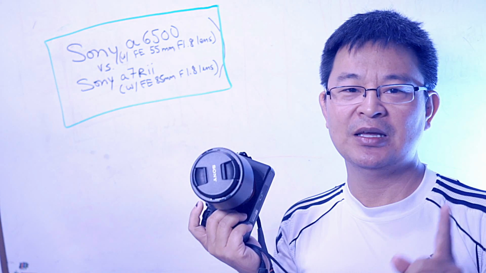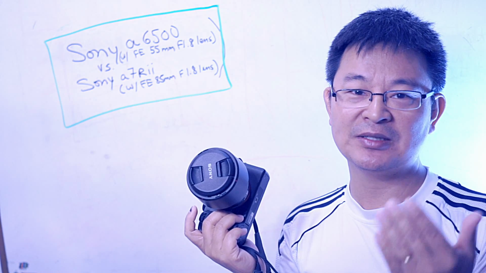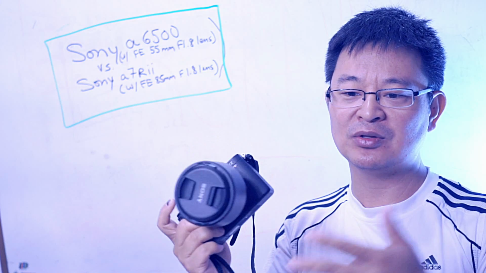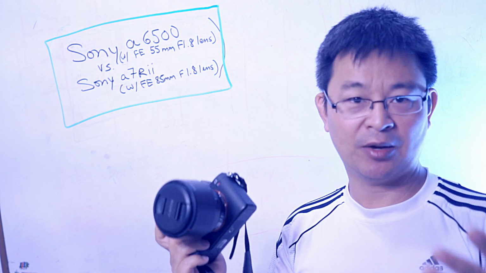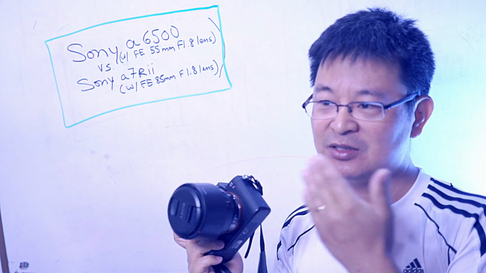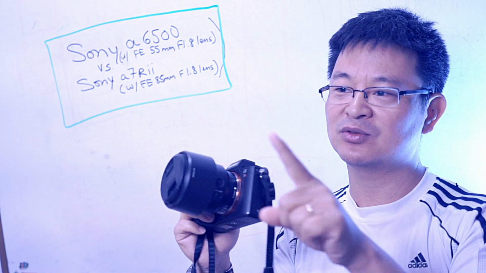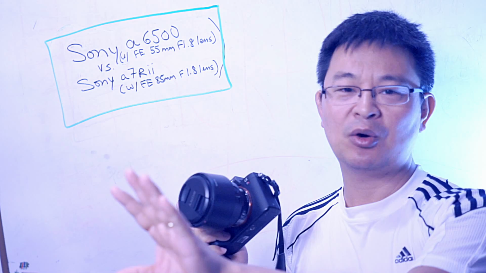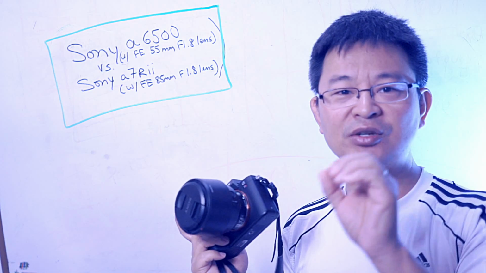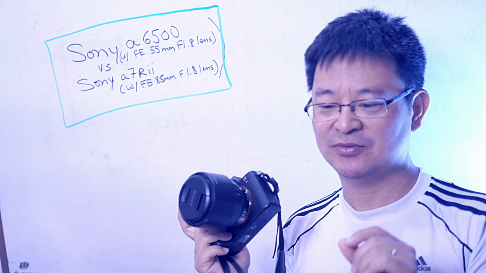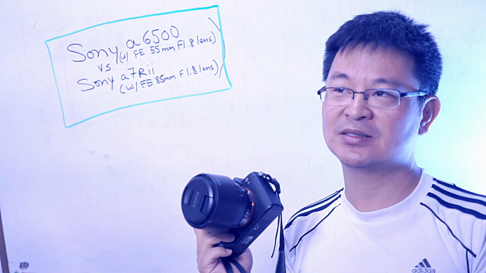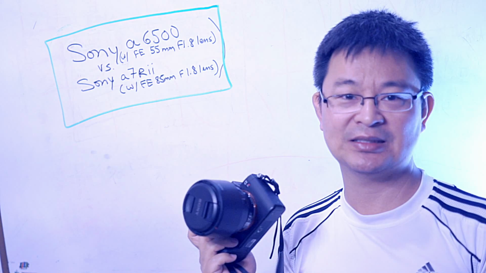Just imagine this. I did this comparison. It's a bit subjective, but because I'm comparing 3 cameras, it becomes quite objective. Although it's based on my vision, I'm saying, 1 meter away from the screen. I have a 24-inch screen, and I'm sitting about 1 meter away, and I start to zoom in on a picture for Sony a6500 and Sony a7R II, as well as Sony a7S II.